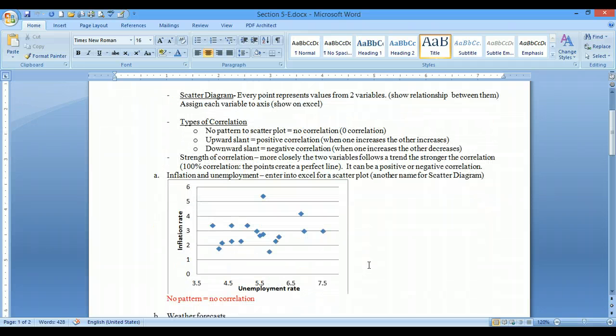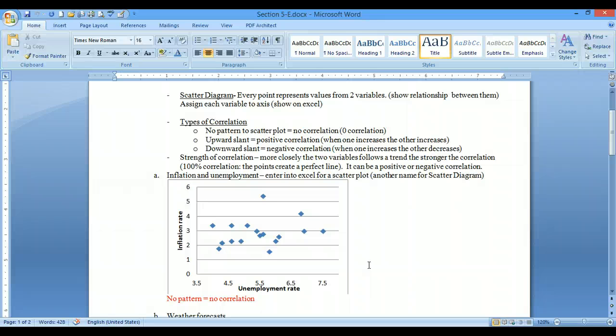Different types of correlation. There are three different types of correlation. The first one is that no pattern is occurring to the scatter plot. This means there's no correlation or zero correlation. There's a possibility of an upward slant. This is a positive correlation. This is when one is increasing while the other is increasing, and the closer these make a line, the better the correlation.